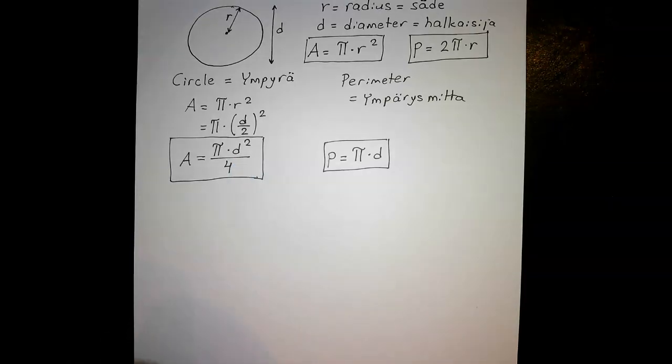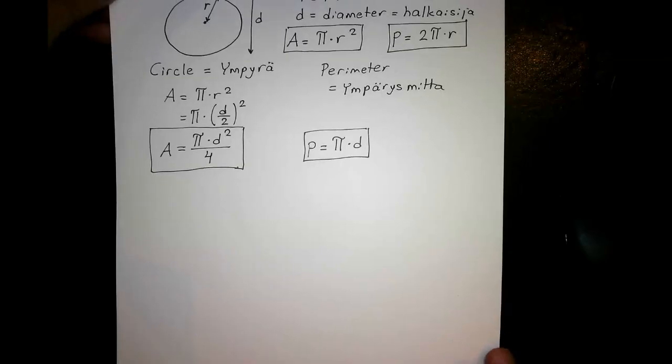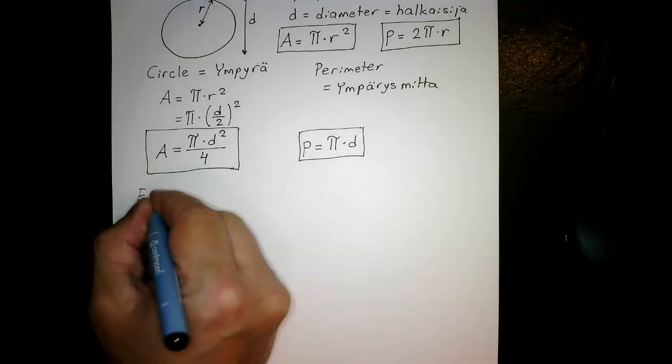Then we will check the unit conversions also, because many times they cause problems. You may calculate, for example, the area correctly, but after you get the answer, you have to convert that to a different unit, and many times that gives problems. Let's take an example.